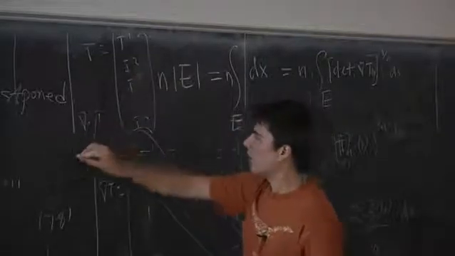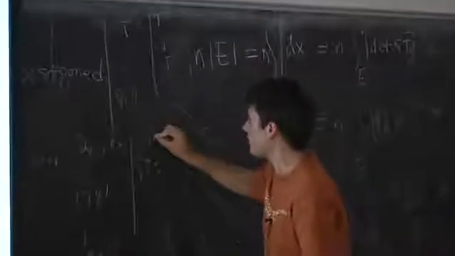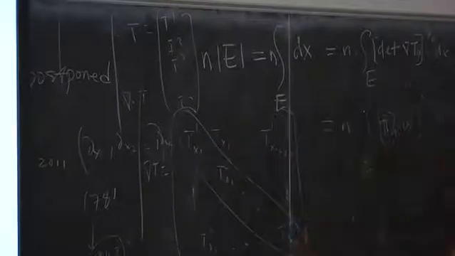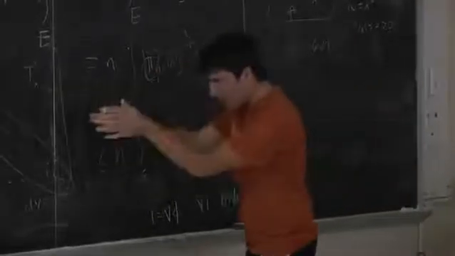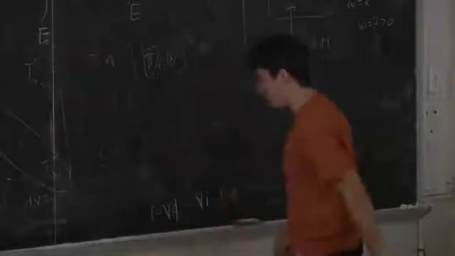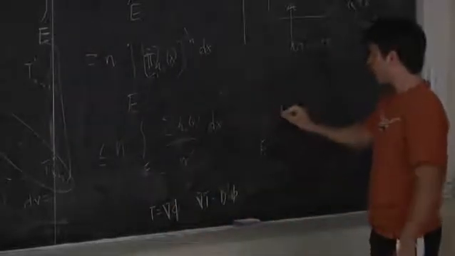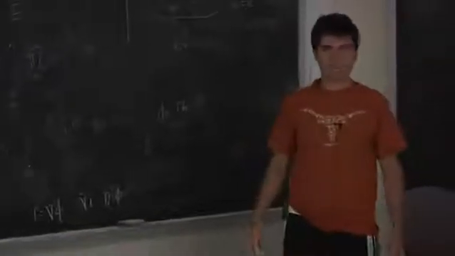That's just partial x1, partial x2, up to partial xn, inner product with T. But that's just equal to this guy, right? Since these are the eigenvalues of this matrix, and the sum of the eigenvalues is equal to the trace of the matrix, and the trace is equal to the divergence of T, we can write that this is equal to the integral over E of the divergence of T. Cool.